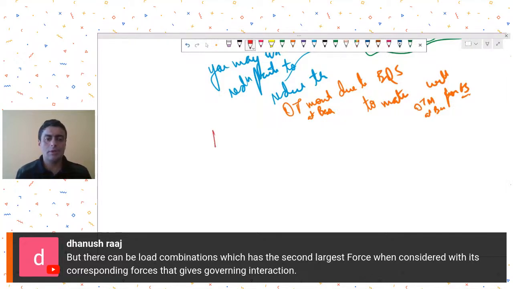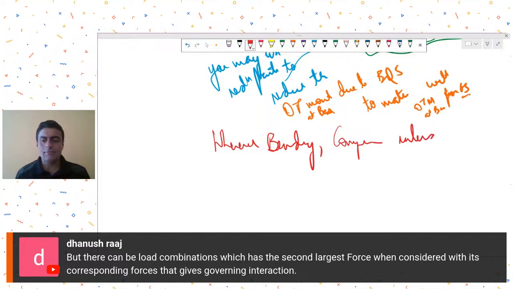So I would say, wherever bending and compression interact with each other, for whichever member design bending and compression interact, use the envelope procedure.